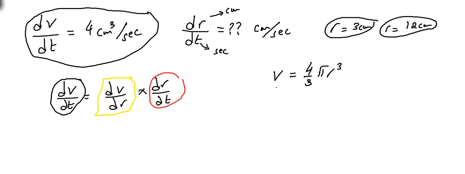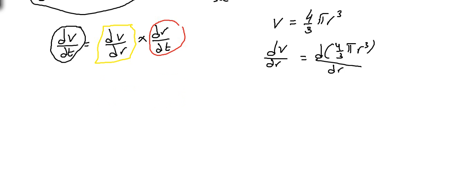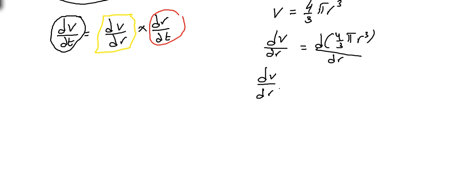If we differentiate both sides with respect to the radius, because volume is given as a function of r, dV/dr will be equal to the derivative of 4/3 pi r cubed with respect to r. It's 3 multiplied by 4/3 pi and r squared, times the derivative of r, which is 1. So this is the final dV/dr. It's 4 pi r squared.